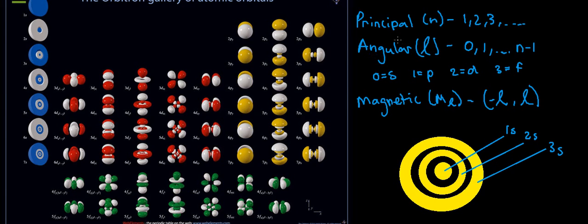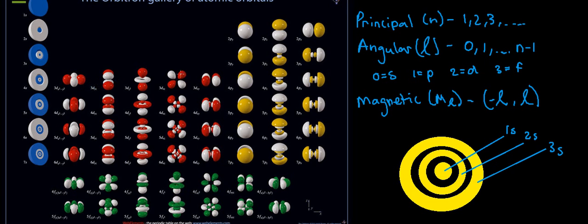The angular quantum number tells me what shape the orbital has. For angular quantum number 0, I get a sphere. For a 1, I get these three p orbitals, which are two little bubbles that go forward, sideways, and up and down. For d, there are a set of 5 different orbitals.